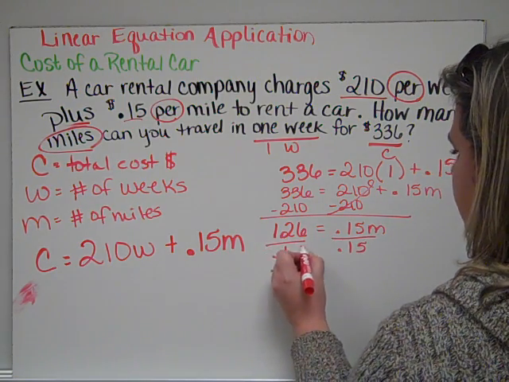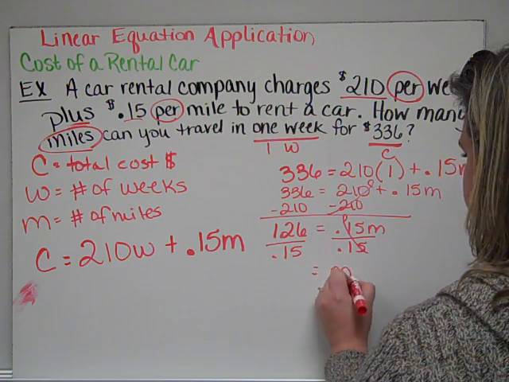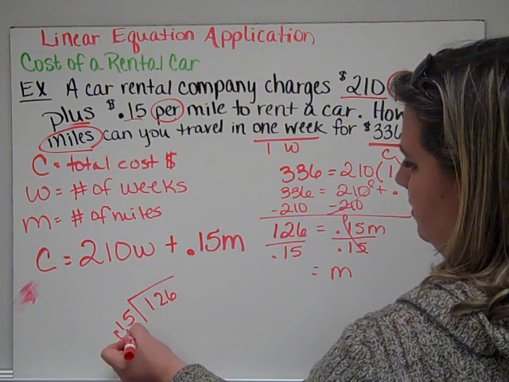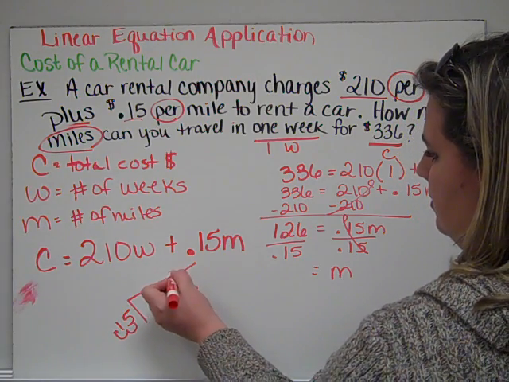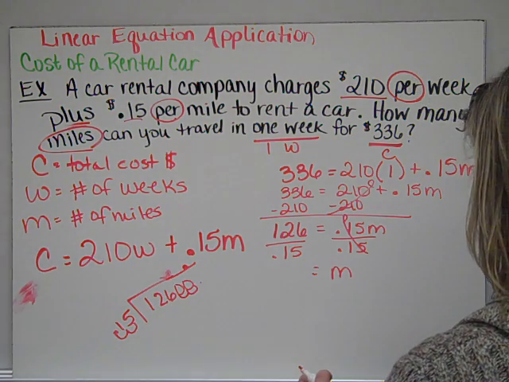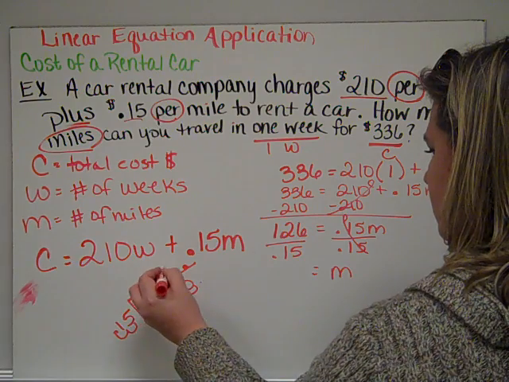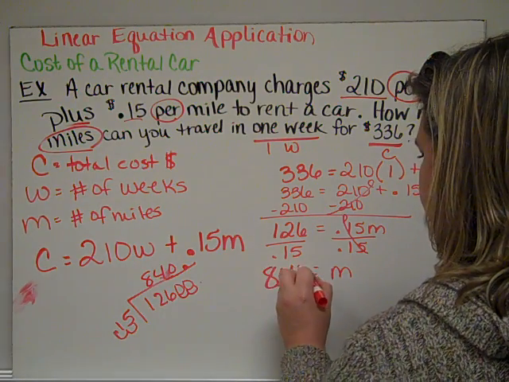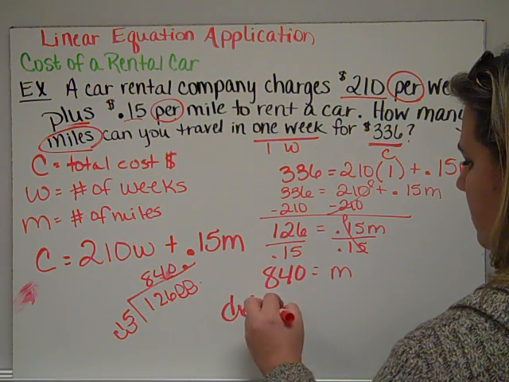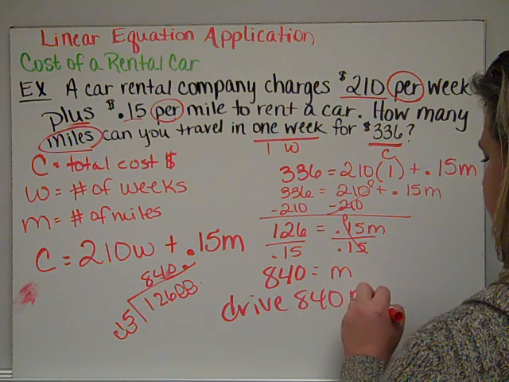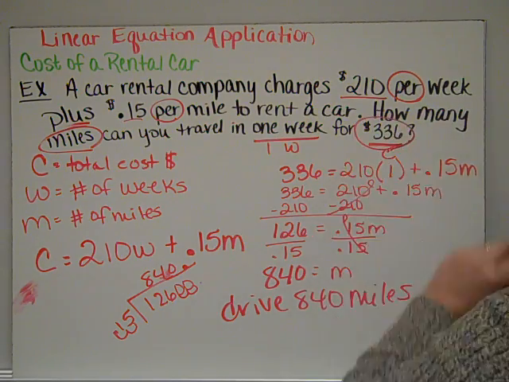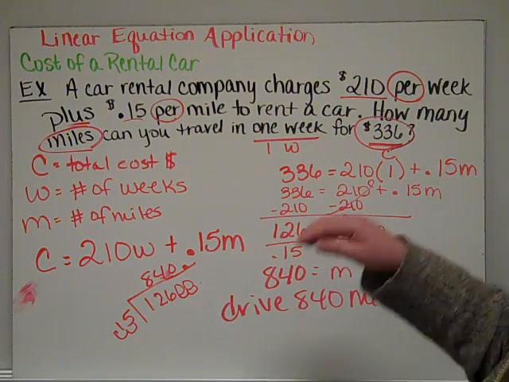Now we're going to divide by 15 cents. Remember, 126 goes in the house. Move your decimal over twice. The decimal comes up here. Okay, and so 15 goes into it 840 times. So what does that mean? Well, that means that you can drive 840 miles in 1 week for a total cost of $336.